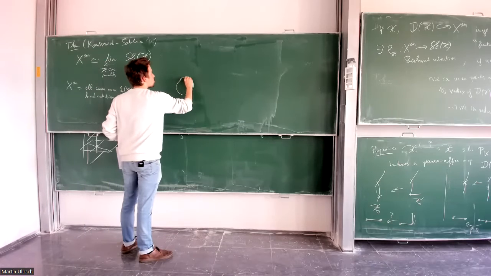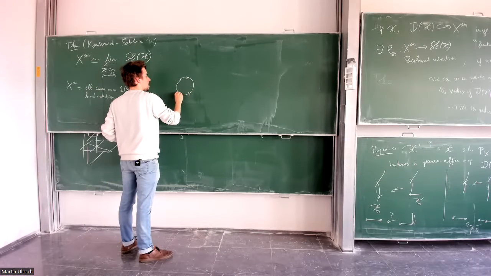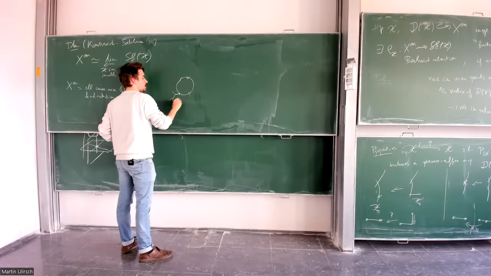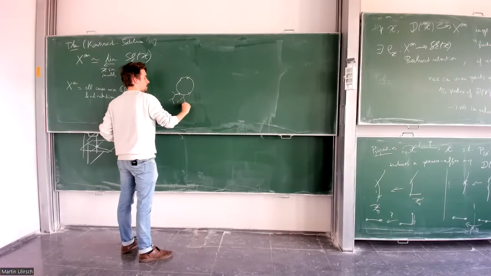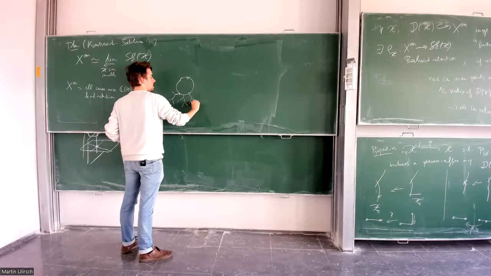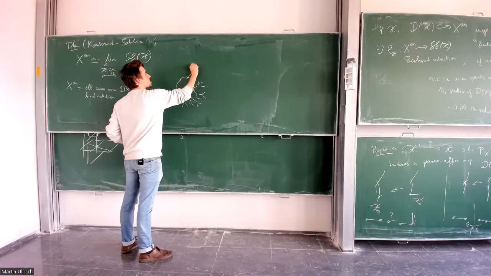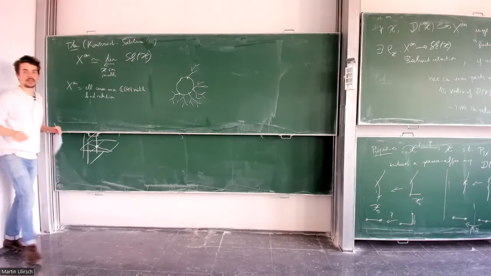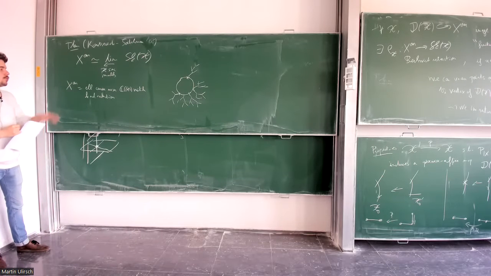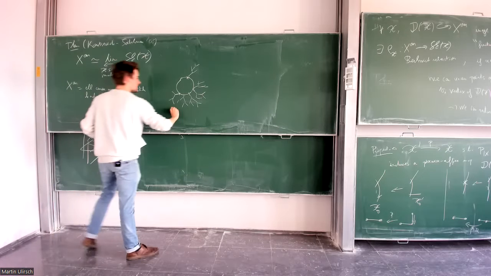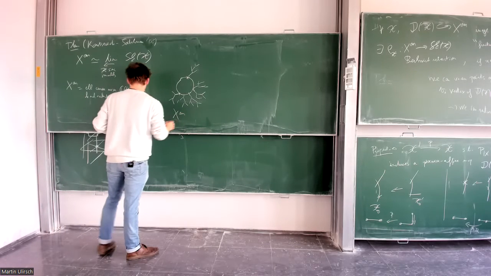And then over each rational point of the circle, you're going to have an infinite graph, something like this. So notably, the space is homotopy equivalent to a circle. And you get some picture like this. And this is actually still compact because the opens are fairly big. This is not the usual graph topology here. So then this is a picture of X^an.